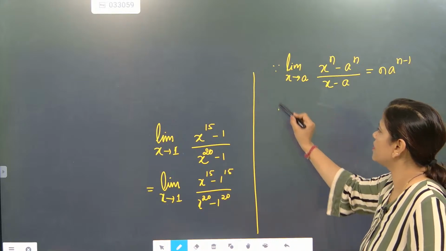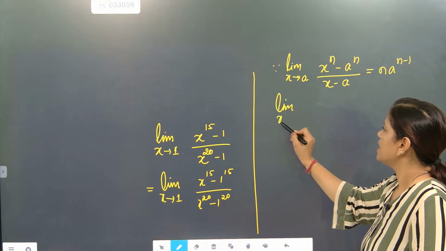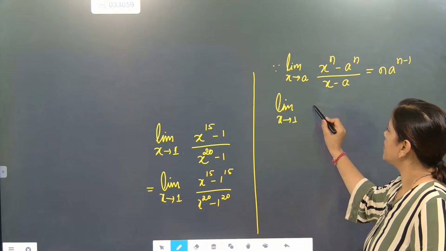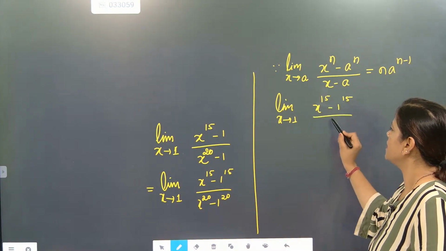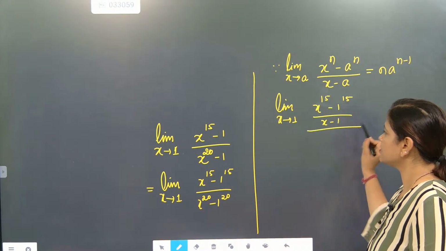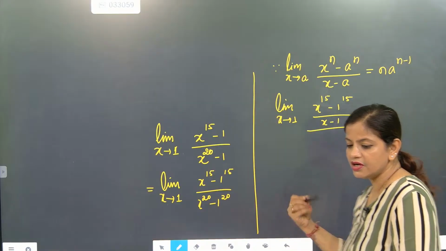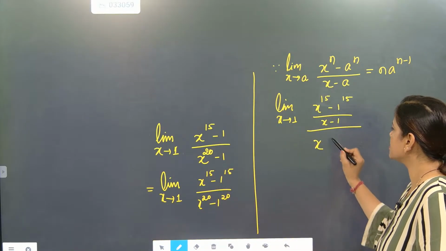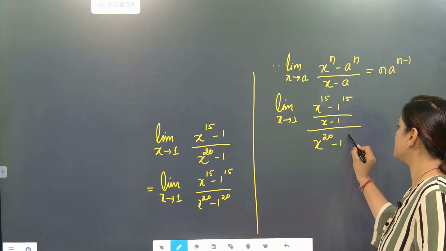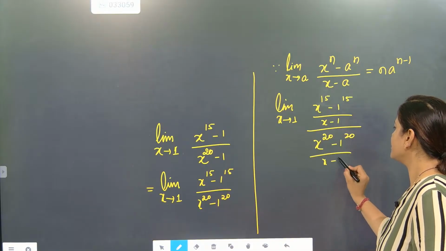This is our formula. And our question is, limit x tends to 1, x to the power 15 minus 1 to the power 15. Now we will divide it by x minus 1. Dividing numerator and denominator by x minus 1, down it is coming x to the power 20 minus 1 to the power 20 by x minus 1.